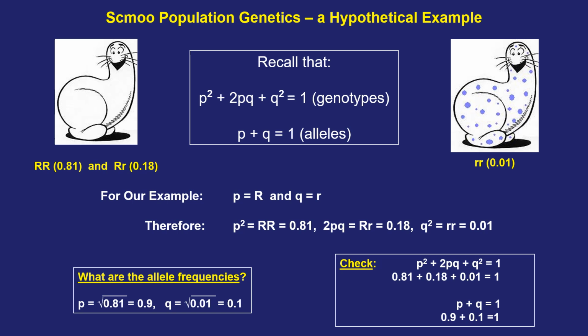And then from that, of course, you know that p is going to be 0.9. You have those two values. You can figure out everything that is missing. Remember, when you're using these equations, they have to add up to 1. So that's how you would check to make sure that you've done everything correctly.